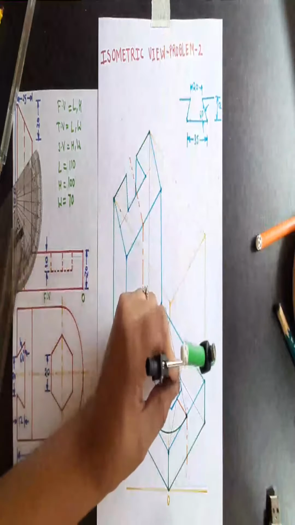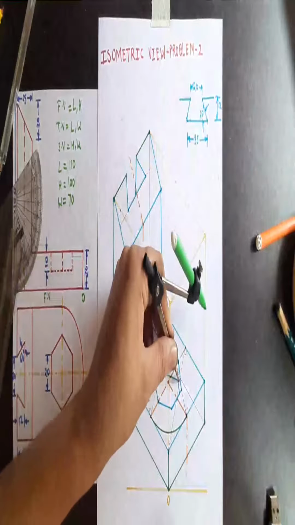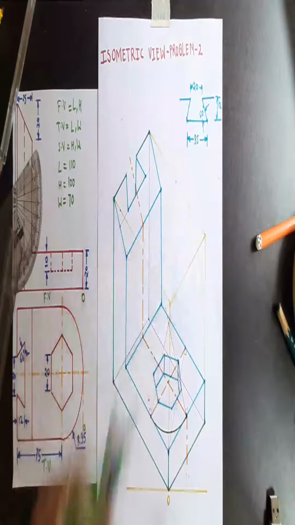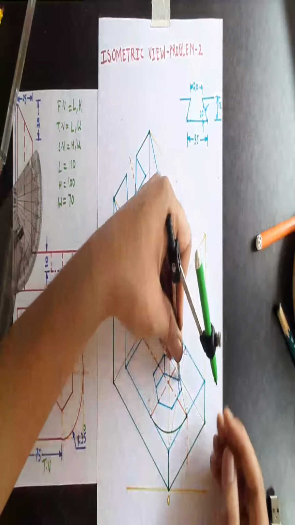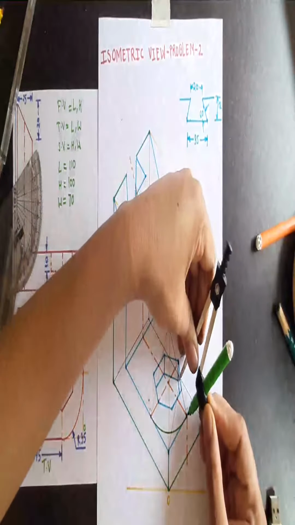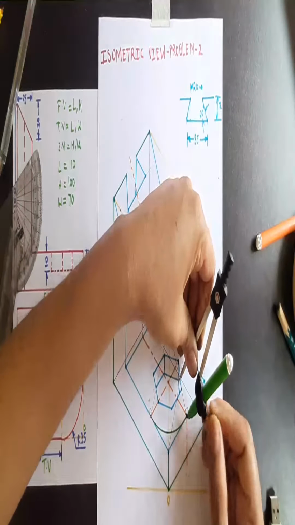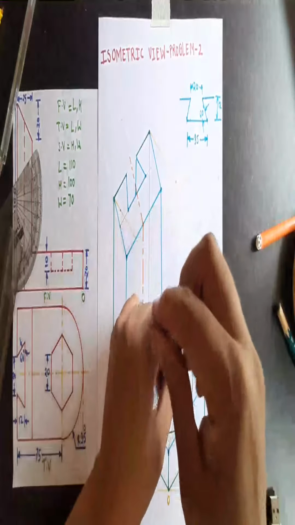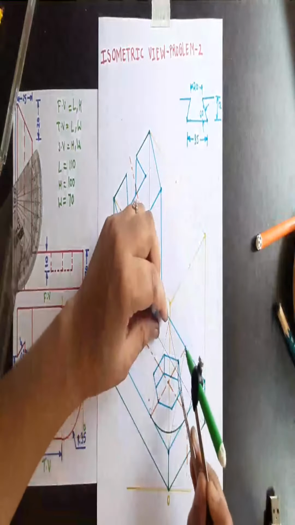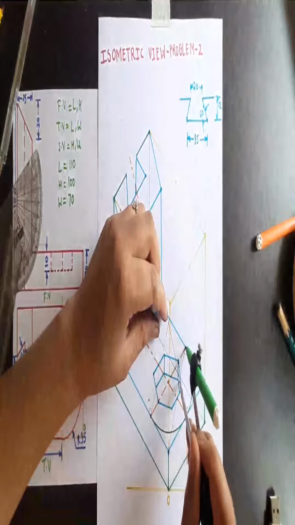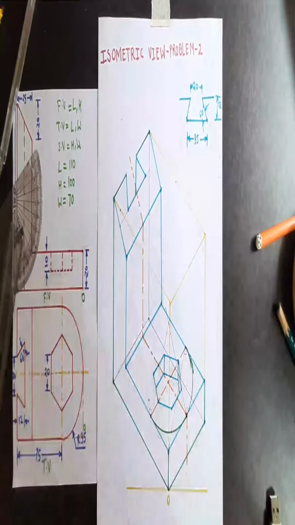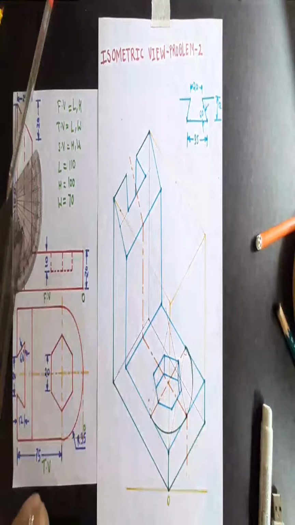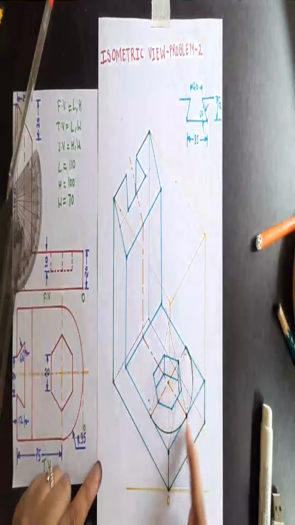Similarly, with this point as a center, you can see this is the intersection point over here, again up to the midpoint as a radius. So like this as your radius, draw the arc. I have made a little mistake. So in this manner, prepare the semicircle.